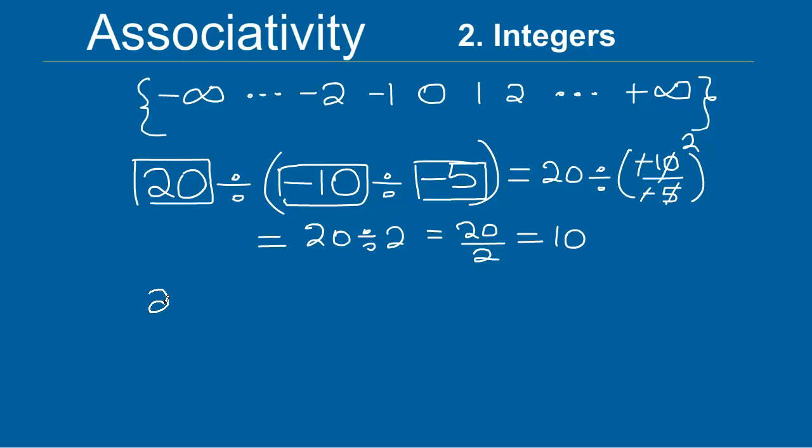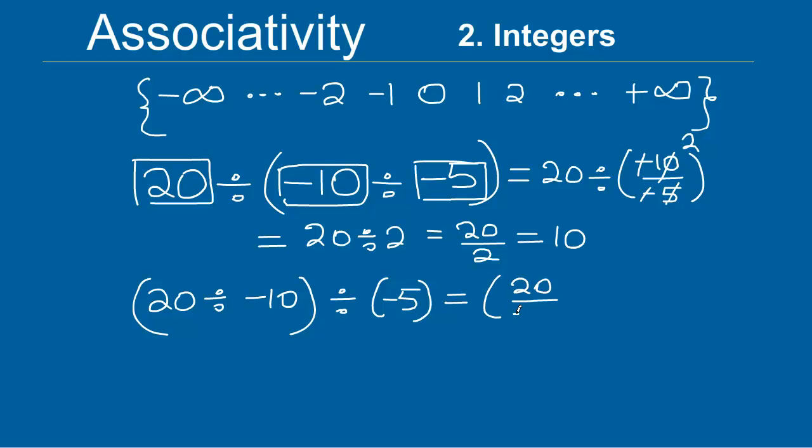Now let's find out what happens when we do 20 divided by minus 10. So we will carry out this operation first, and whatever the result is, then we will divide that by minus 5. Let's see what we get here. So we will first do 20 divided by minus 10. And then we will divide this by minus 5. So here this will cancel out and we'll get 2 over here. So it will be 2 divided by minus 1, which will be simply minus 2. So we will get minus 2.